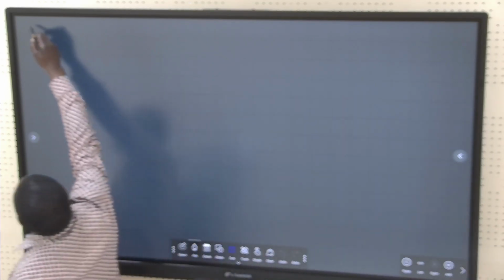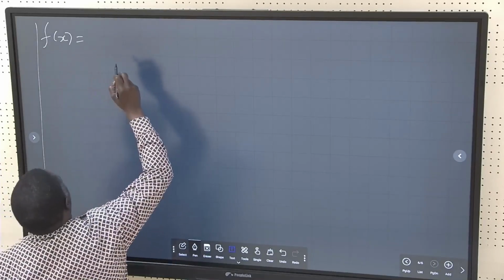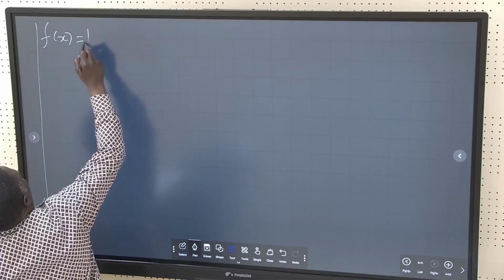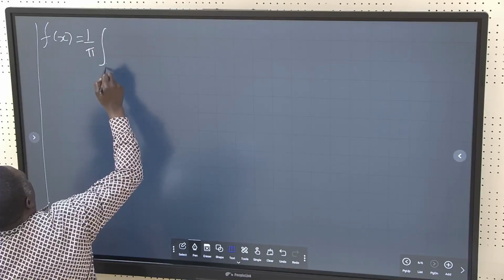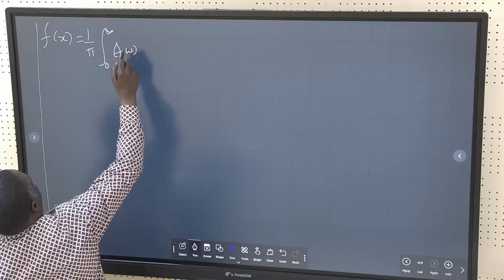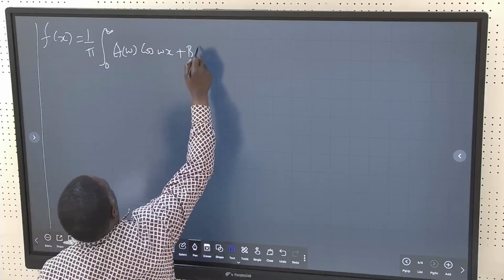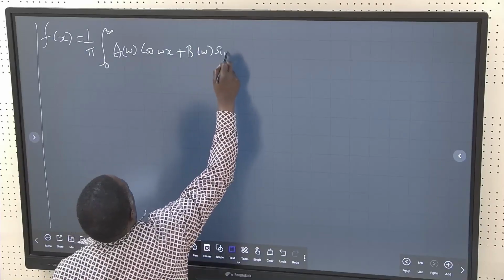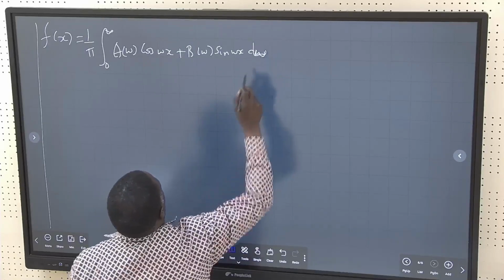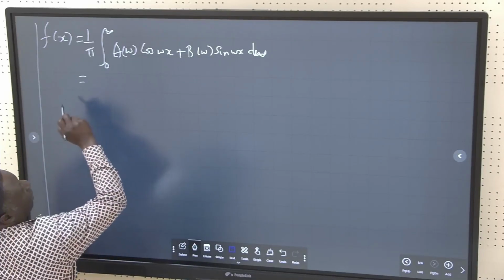Now, our function f(x) is given by 1 over pi, the integral from 0 to infinity of a(ω) cosine ωx plus b(ω) sine ωx with respect to ω. So what is our a(ω)?